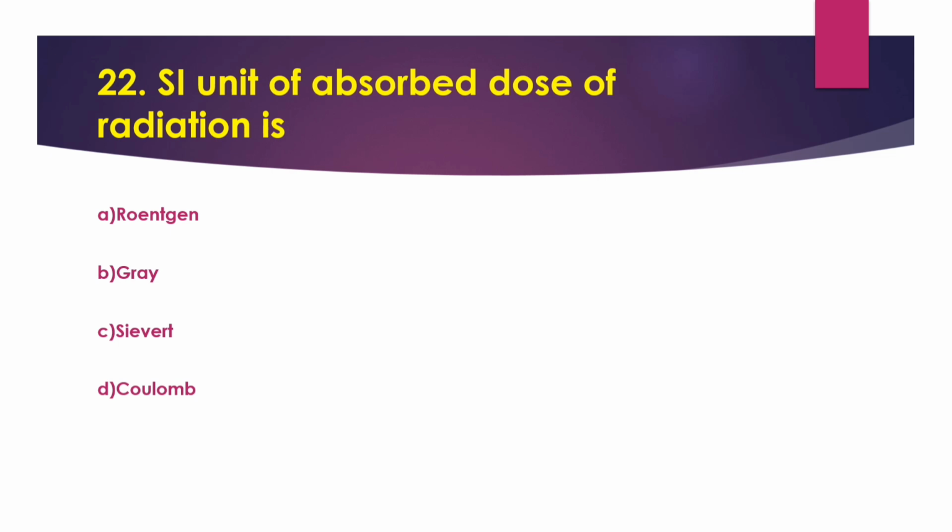The SI unit of absorbed dose is, the answer is option B, Gray. For example, we give 45 Gray in 20 fractions or 40 Gray in 20 fractions, with a daily fraction of 2 Gray, as radiation in the case of cancer patients.